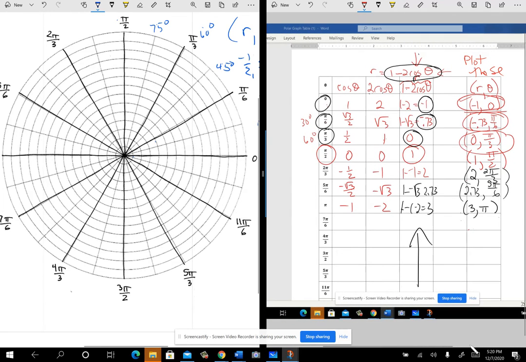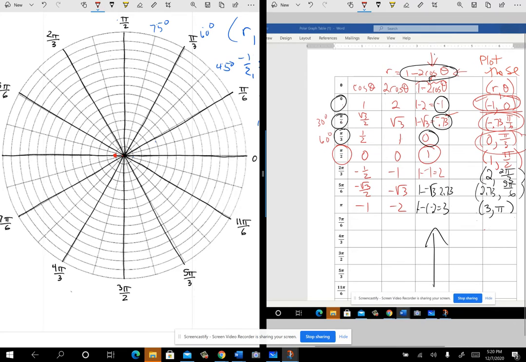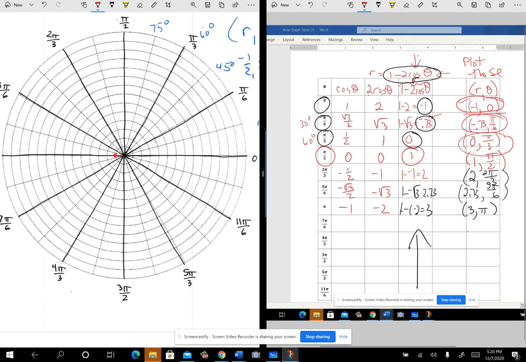To do that, I'm going to go where 0 is. Let me change the color, make sure I'm in a nice bright color. So here's where 0 is. I'm going to back up 1. So that would be -1, 0. Then I'm going to go to pi over 6, and I plotted that one. I'm going to plot the next one. At pi over 6, the R value is -0.73.